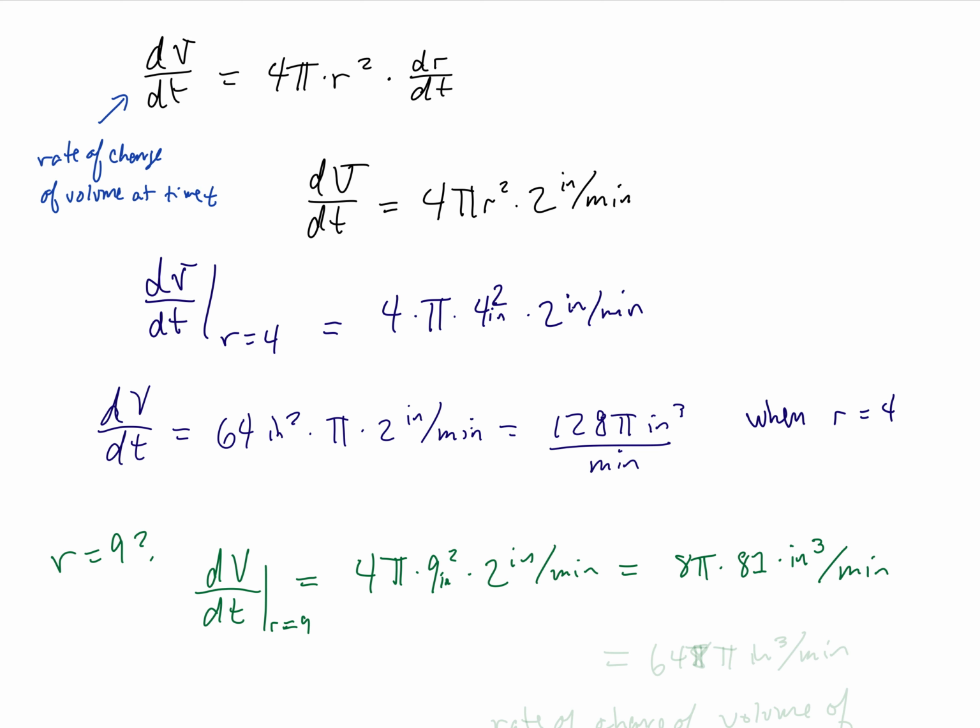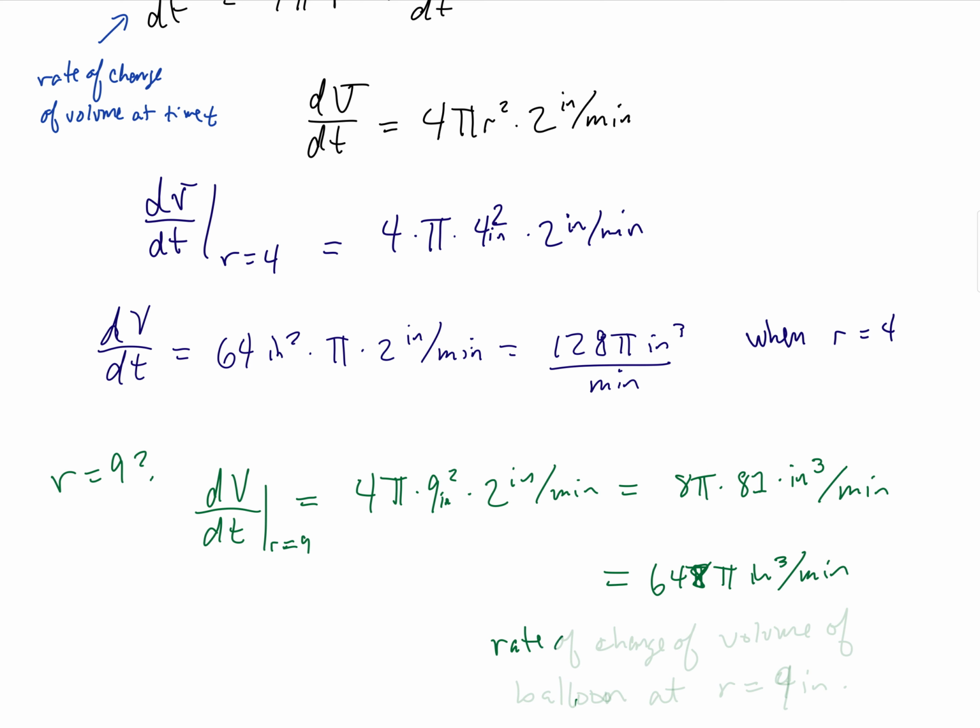And if we multiply that out, that is 648 pi inches cubed per minute. So this is the rate of change of the volume of the balloon at the point where the radius is equal to 9 inches.